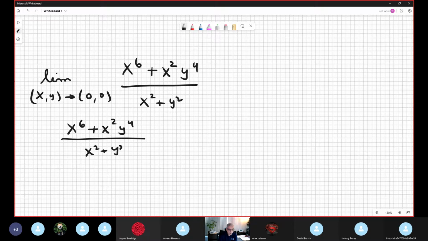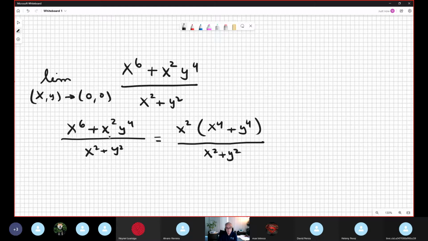I factor out on the top x squared, which leaves x to the 4th power plus y to the 4th power, divided by x squared plus y squared.